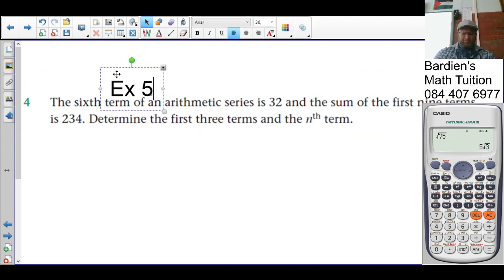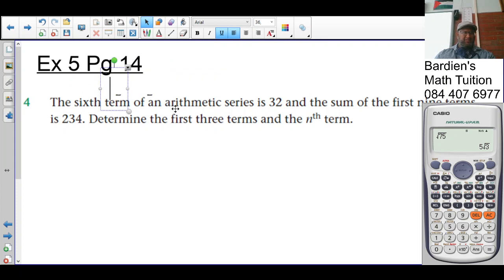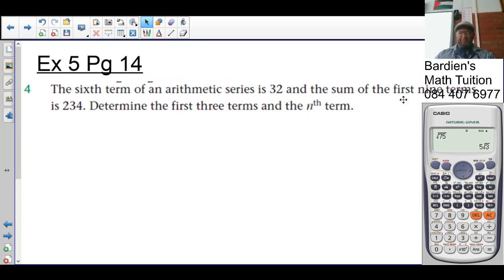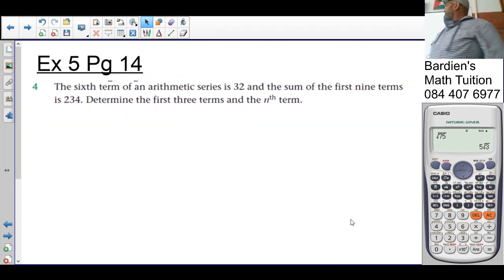Exercise 5, page 14. So we are told that the sixth term of arithmetic series.